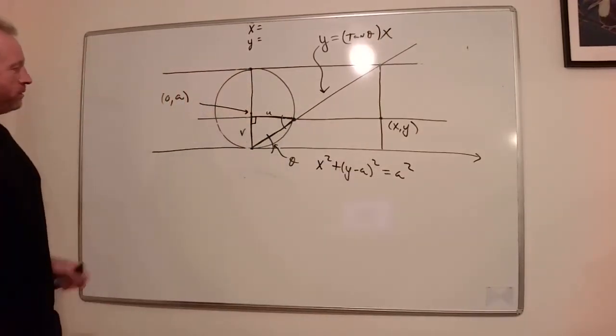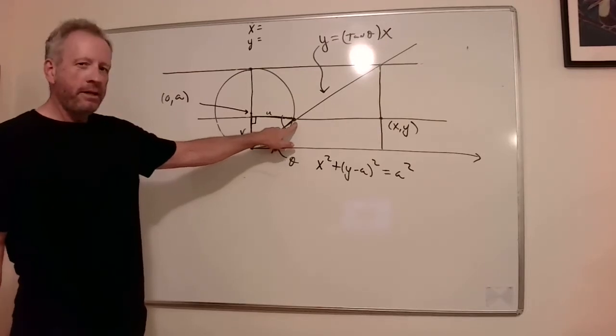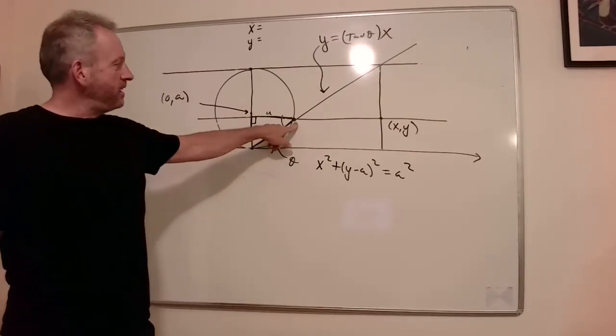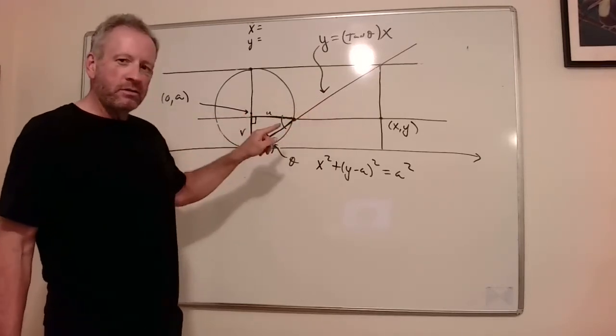Now, why is that of any use? Well, this point right here is on this line, but it's also on the circle.